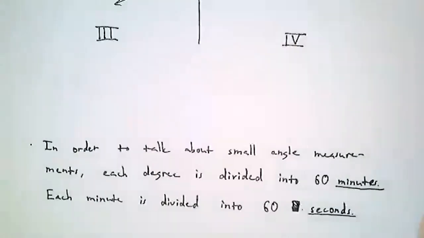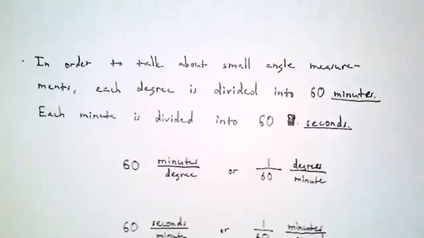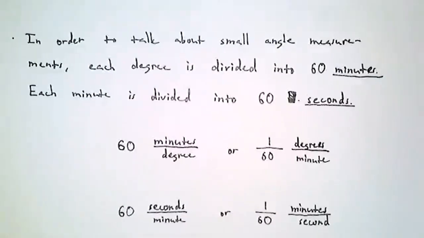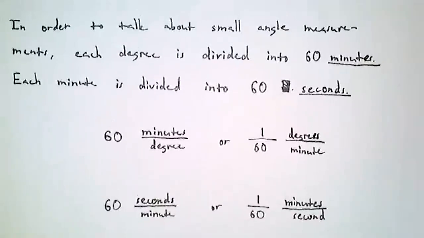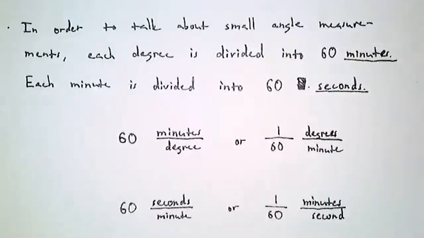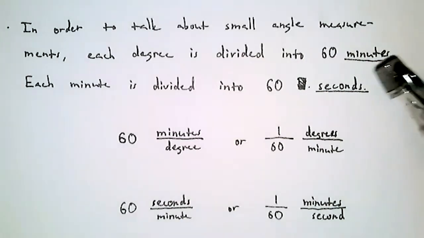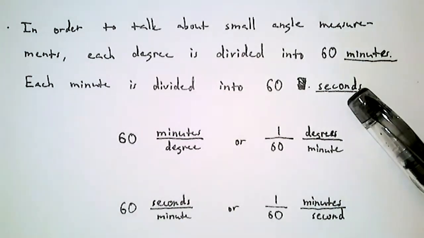And then the last idea that we're going to talk about today is this one. So some of the time we might need to talk about small angles, or maybe we need to talk about very small differences between angles. And in order to talk about those, we're going to need to have this idea of minutes and seconds.